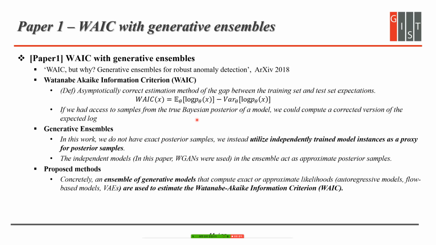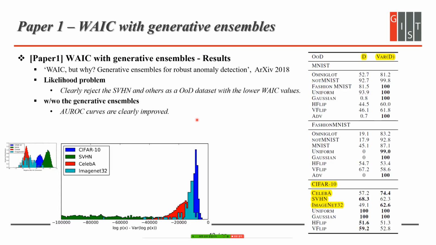So by calculating these WAIC values, these smaller figures are the previous one, and the bigger figures are the WAIC values of the generative ensemble model, and we found that the blue one is here, and for the other three outlier datasets, the values from these outlier datasets show smaller values than the training dataset.